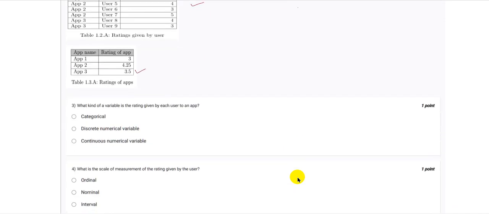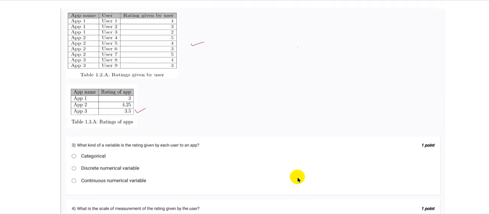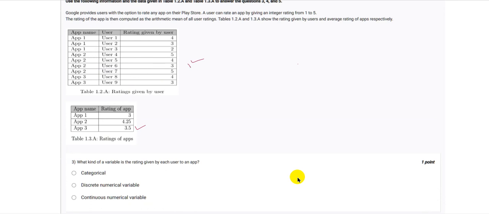what kind of a variable is the rating given by each user to an app? From this table we can see that the ratings given by the users are numbers, that is numeric.